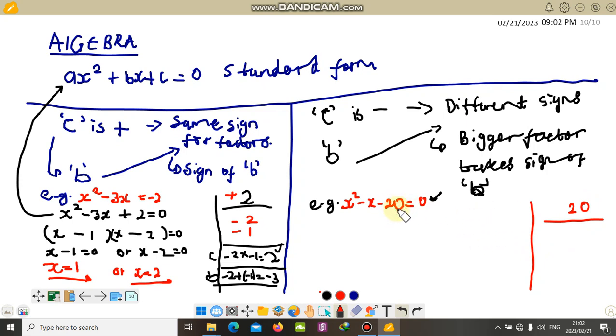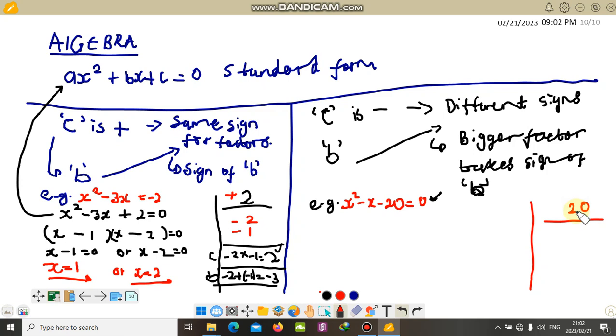What are the factors of 20 that can give us 1? Because B is 1. So we need two numbers that when you multiply them, they give you 20. But when you add them, they will give you 1. I'm not talking about the signs now, just the factors.